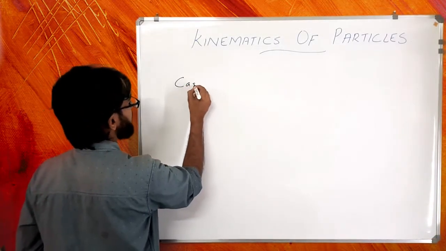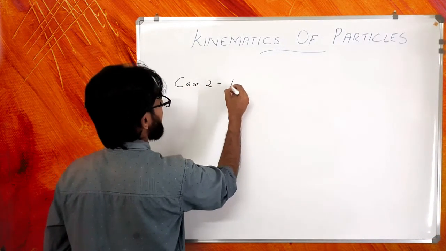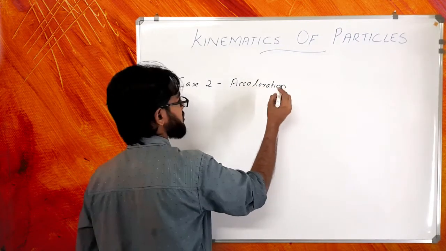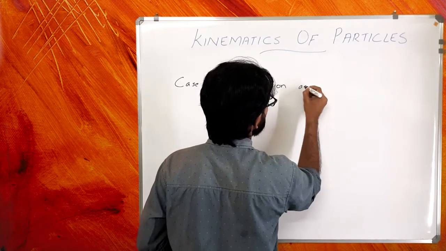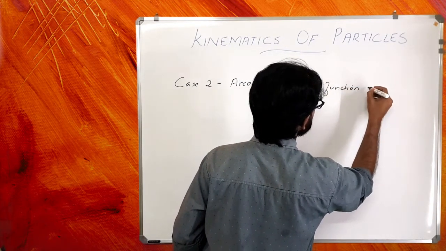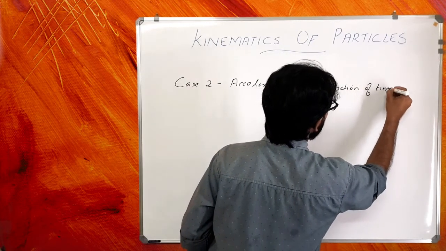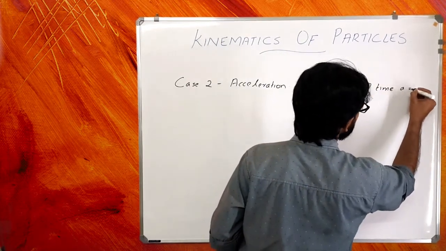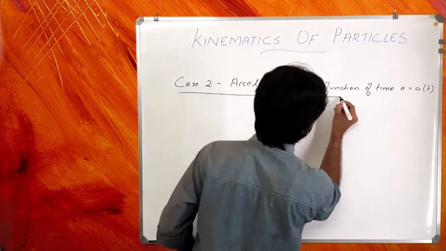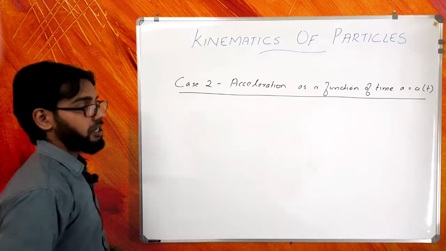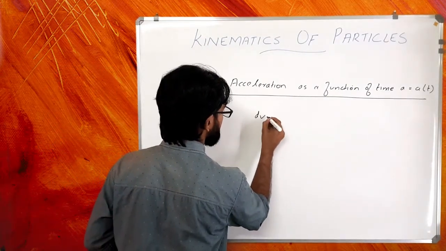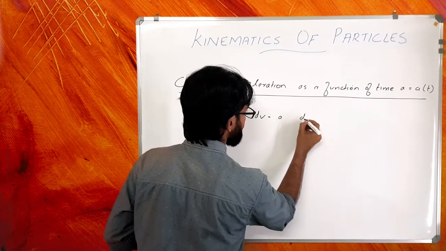The next case is acceleration specified as a function of time. Let's derive the equations. We have the basic equation dv equals a into dt.